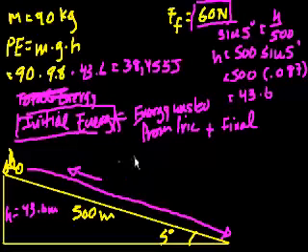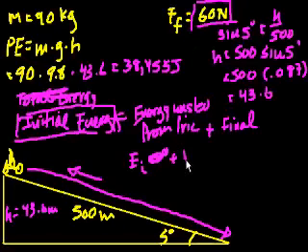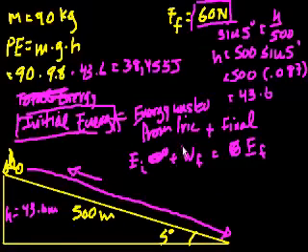Another way of thinking of this problem is energy initial plus the negative work of friction is equal to the final energy. Here I took the friction and put it on the other side because this is going to be a negative quantity in the system. And so you should always make sure, as a reality check, that if you have friction in the system, your final energy is less than your initial energy.